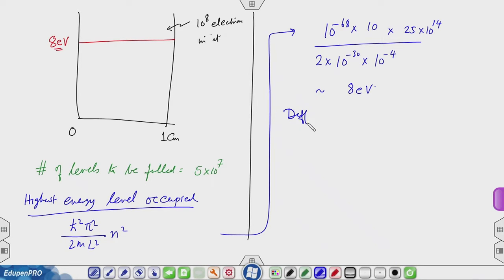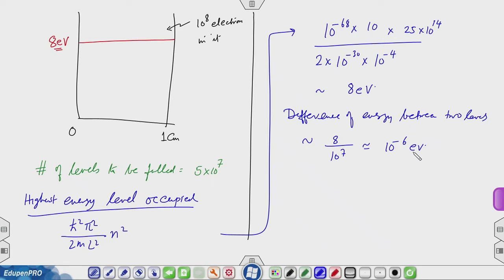The difference of energy between two levels is going to be of the order of 8 over 10 raised to 7, so roughly 10 raised to minus 6 eV.